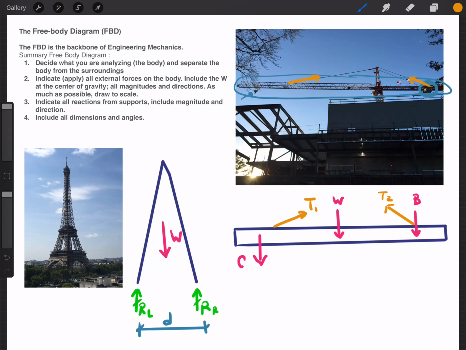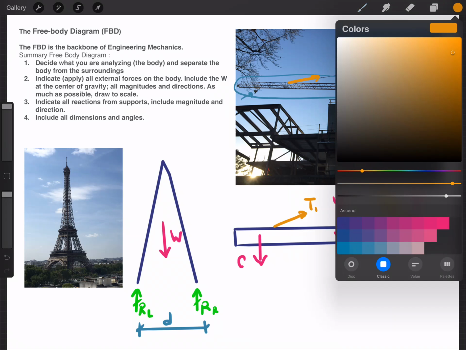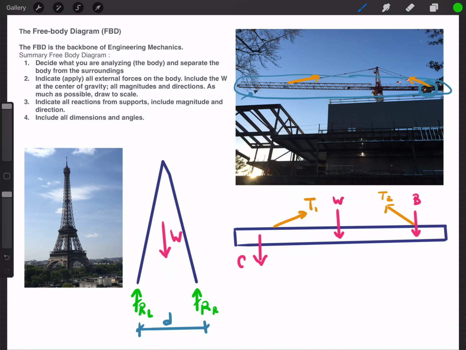Okay, so I think that's our external loads that we have from this boom. And then we have our support here, our reaction, which is the column support here.